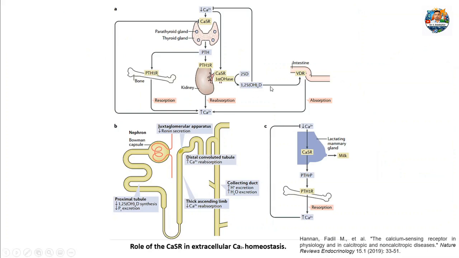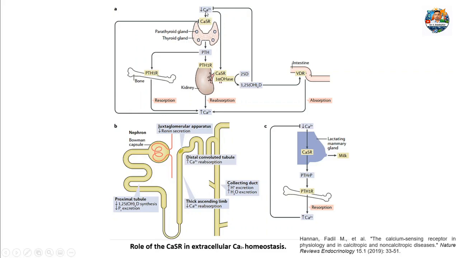This is a different diagram, but it explains the above regulatory mechanisms. So almost the same thing. When there is low calcium ion concentration in the blood, the calcium sensing receptor detects that there is low calcium.